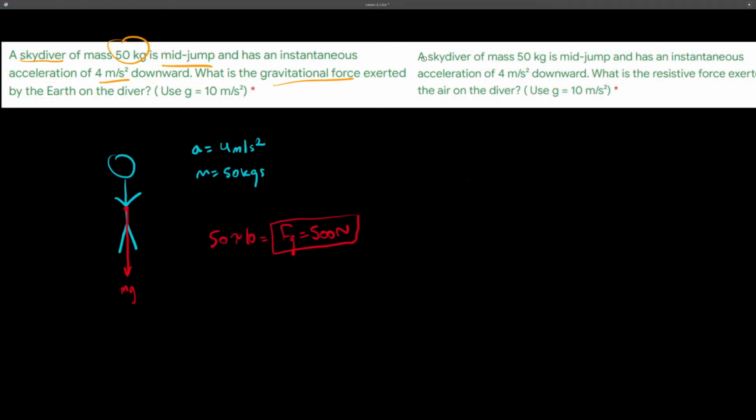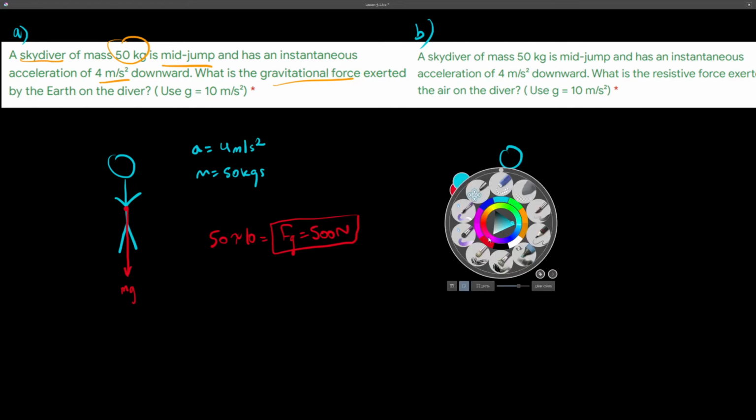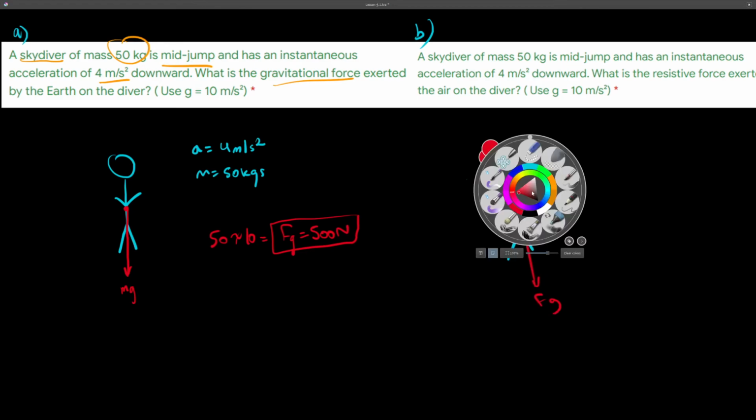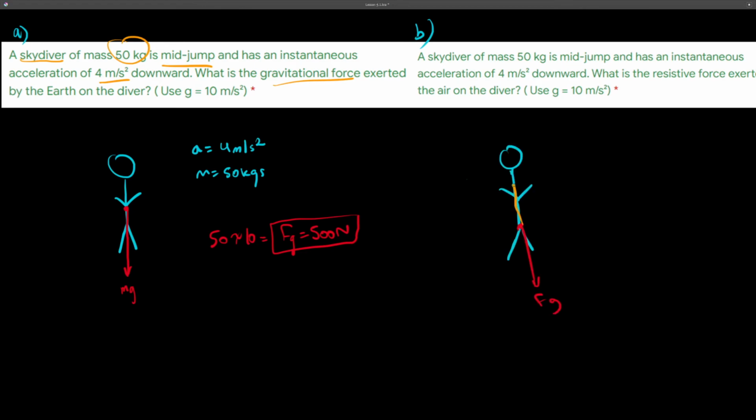So for the second part of the question, this is part B, this is part A. It asks for the resistive force exerted by the air on the diver. So again, we'll redraw him. We have the gravity downwards, and we have some kind of resistive force of unknown value upwards, and we want to calculate it.